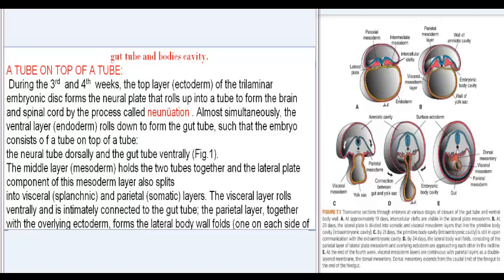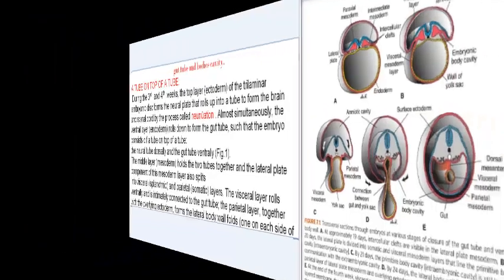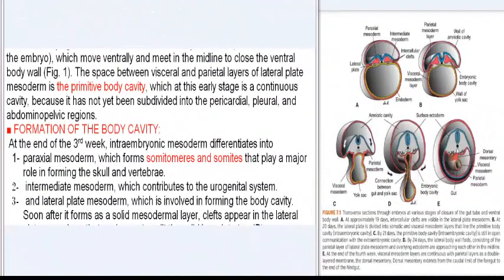The parietal layer, together with the overlying ectoderm, forms the lateral body wall folds, one on each side of the embryo, which move ventrally and meet in the midline to close the ventral body wall, Fig. 1. The space between visceral and parietal layers of lateral plate mesoderm is the primitive body cavity, which at this early stage is a continuous cavity, because it has not yet been subdivided into the pericardial, pleural, and abdominopelvic regions.